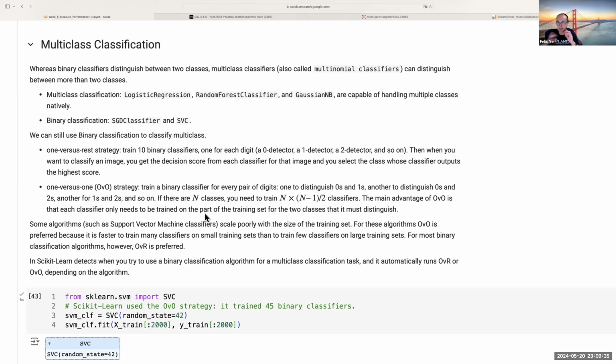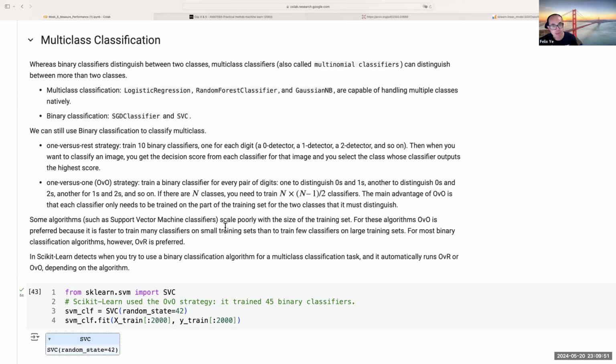For example, to distinguish 1 versus 2, you can use this classifier. It gives more subtle information to classify one versus another. By the end of the day, you group them together to see which digit wins the most, and you choose the digit that wins the most under this one versus one strategy.